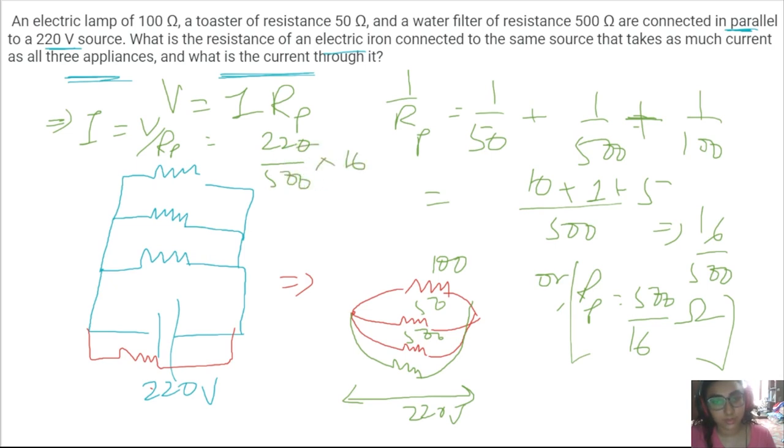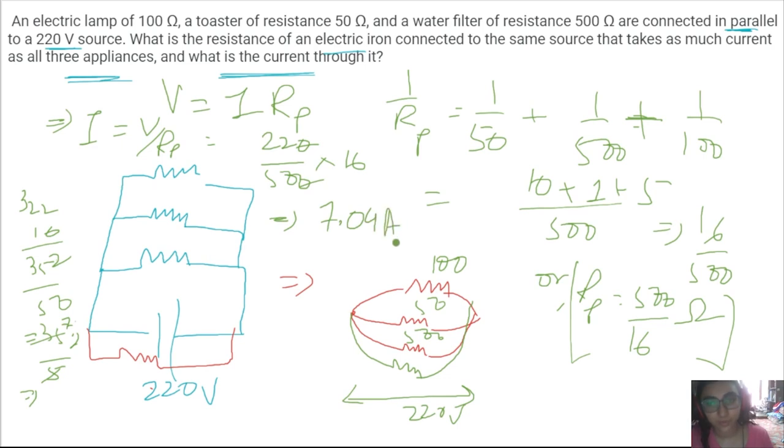Okay, so this will come to somewhat, 352 divided by 50, 35.2 divided by 5, something around 7.04 ampere. Okay, so we found the current flowing through all the three resistances together.